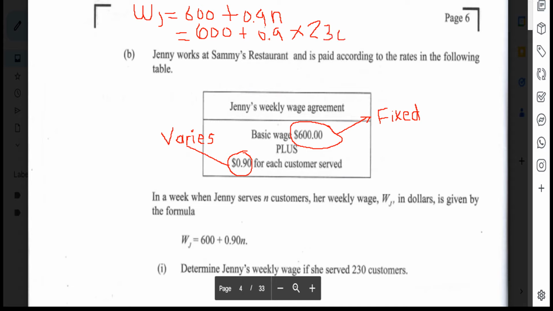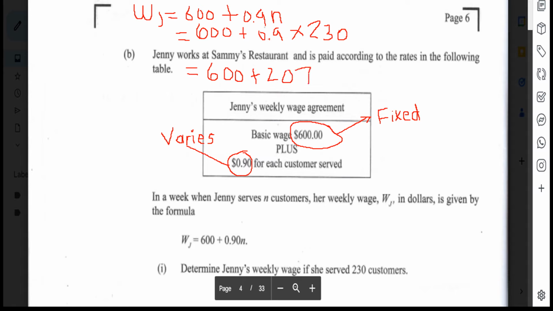So that in the next line, we'll have 600 plus 207, because 0.9 times 230 gives us 207.